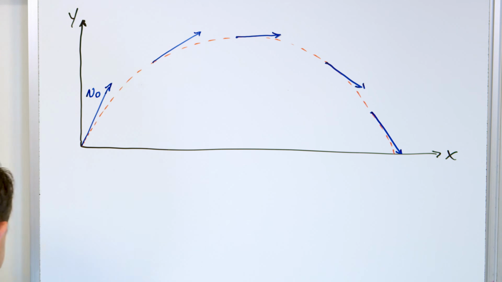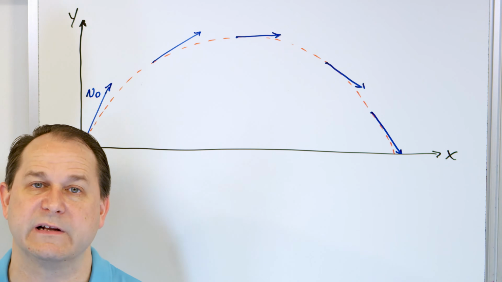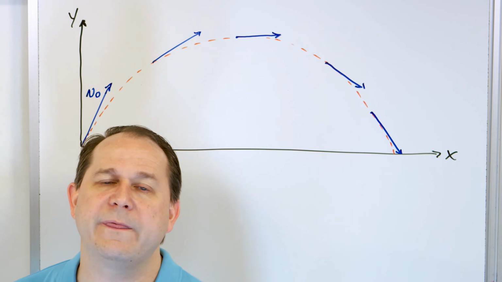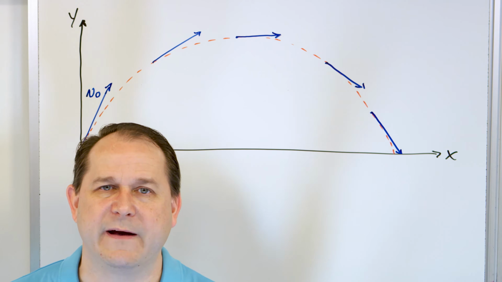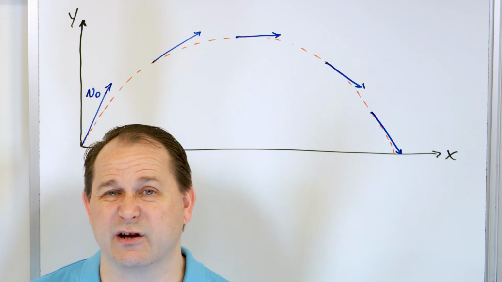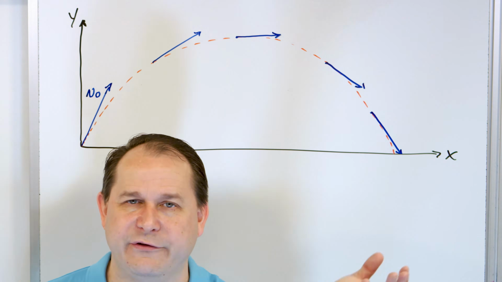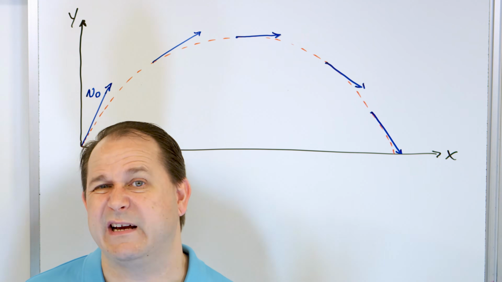So what I want to do is look at the different components, the x and y components of the velocity along the path. I told you in the very beginning of physics that the most important thing I can teach you is that for every vector, which is lots of things, velocity like here, acceleration, forces are vectors. Anything that has a direction and a magnitude is a vector. Magnetic fields, electric fields, I can go on and on. Vectors are basically everywhere.